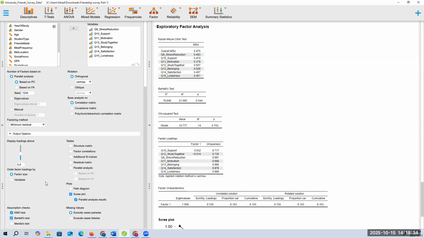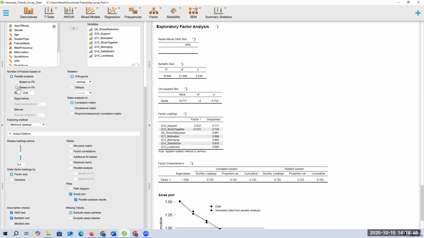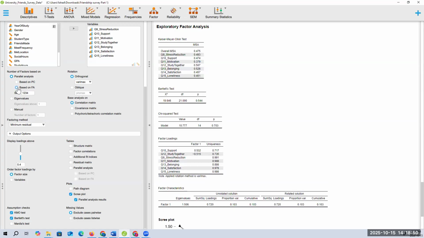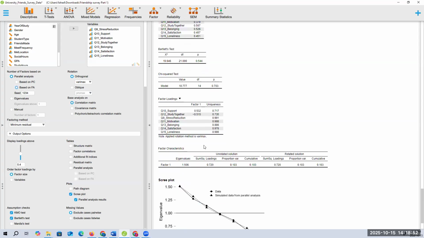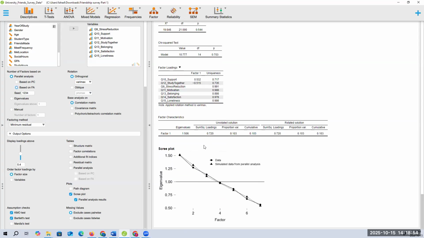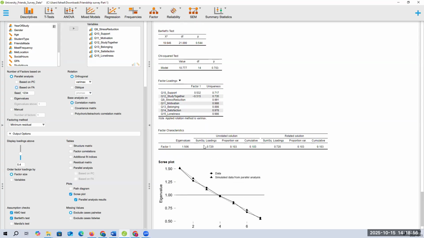And rotation and extraction. Principal axis factor. Let's try this. This will get a different factor. Seems to still show 1 factor. So 1 factor is just consistent across all 3.